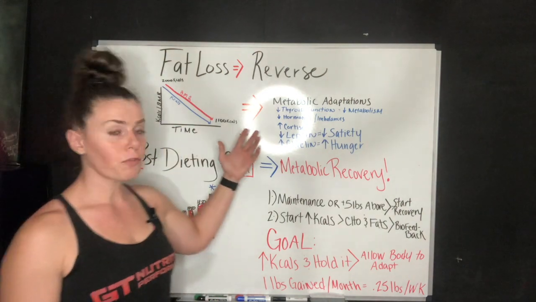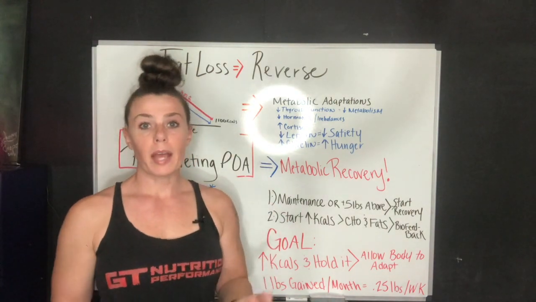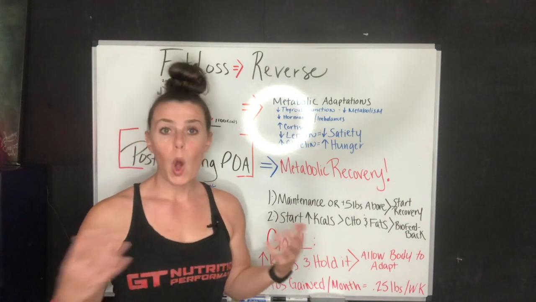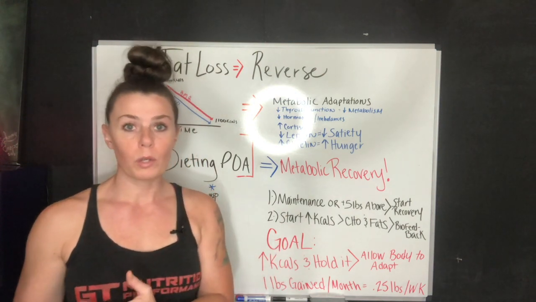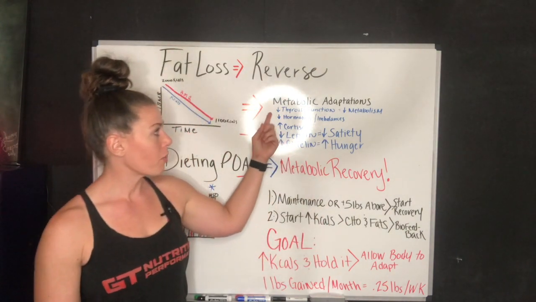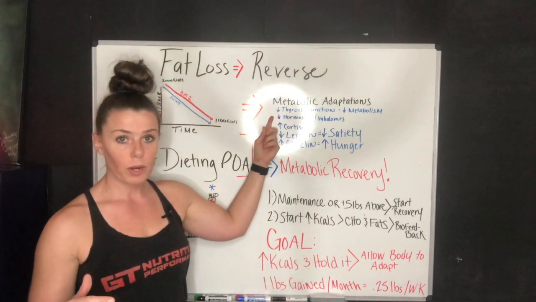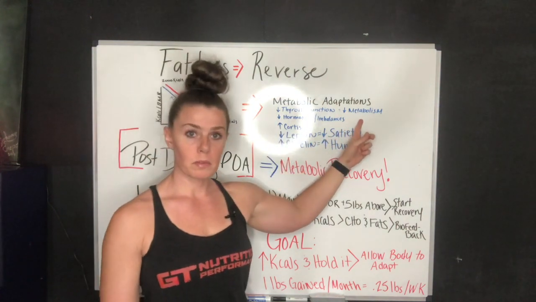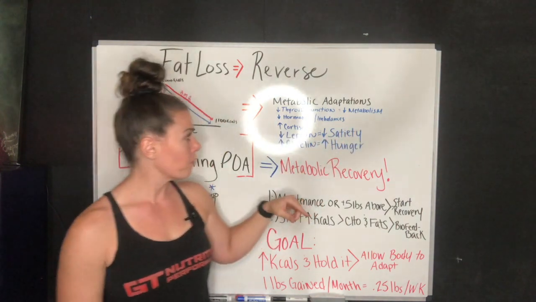Now, the main reason for this is because of metabolic adaptations that we all experience when we go into a calorie deficit. So what happens is our thyroid functions will downregulate, causing the metabolism to also downregulate.